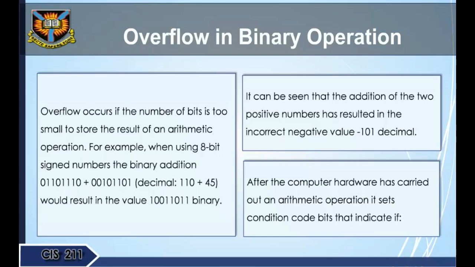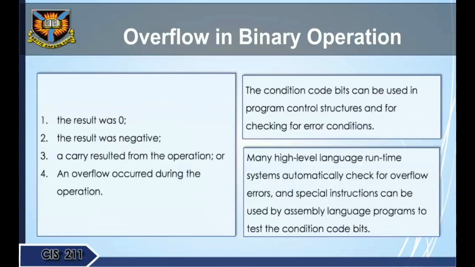It can be seen that the addition of the two positive numbers has resulted in the incorrect negative value, minus 101 decimal. After the computer hardware has carried out an arithmetic operation, it sets condition code bits that indicate if 1. The result was 0, 2. The result was negative, 3. A carry resulted from the operation, or 4. An overflow occurred during the operation.